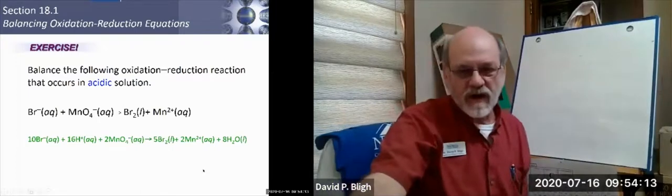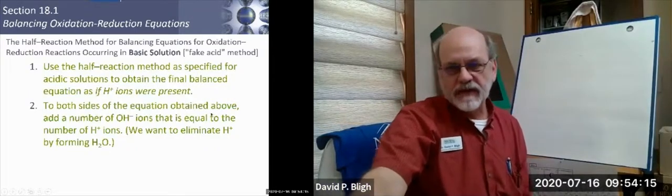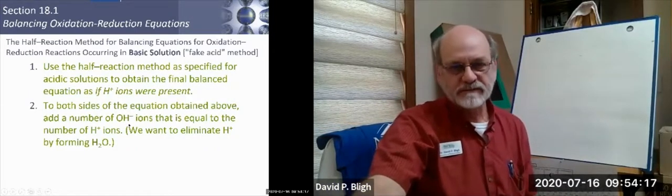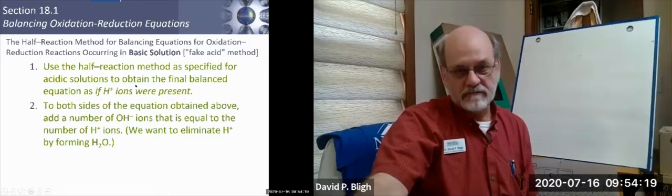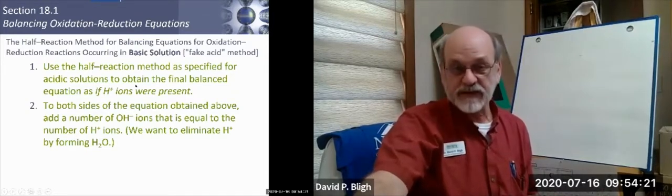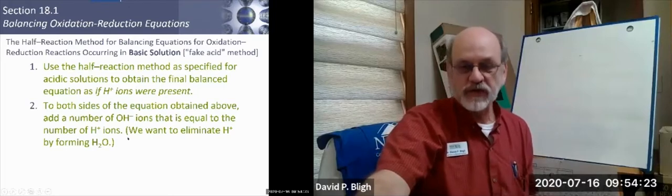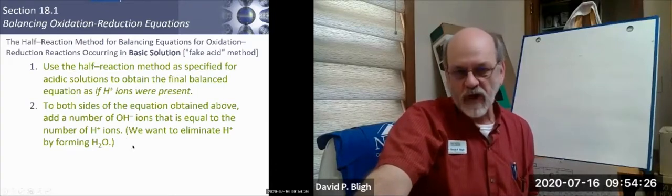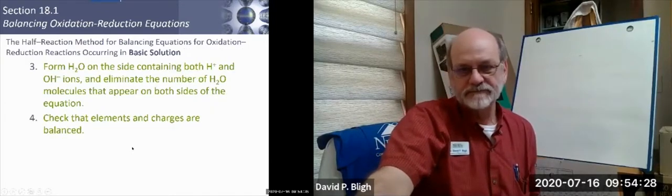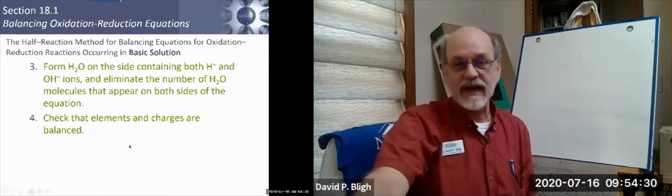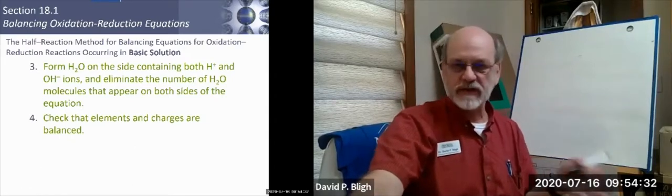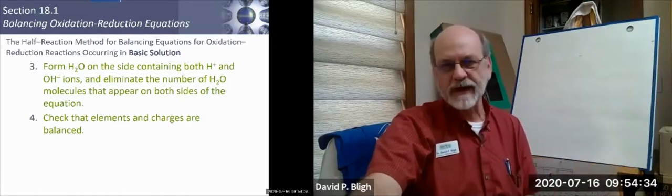All right, so our subsequent slides, this is my fake acid method. First you balance it in the acid solution, and then you consume the hydrogens with hydroxyls. And then finish balancing however you need, canceling those things that you can for reactant product side.